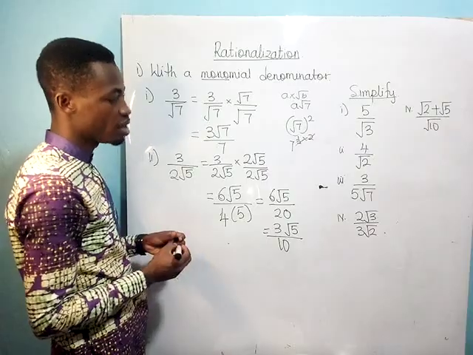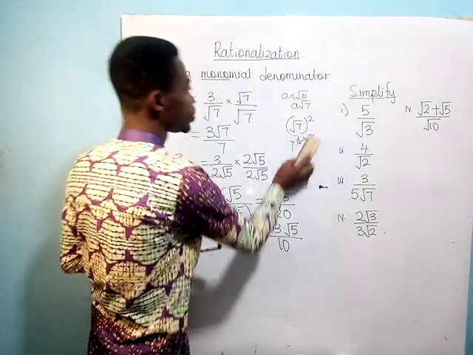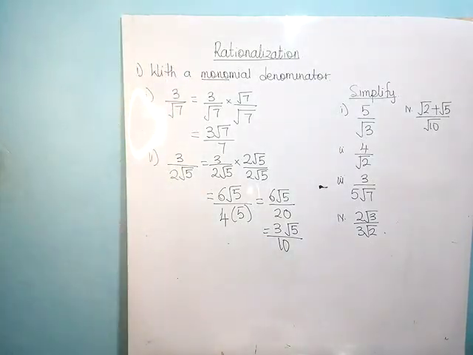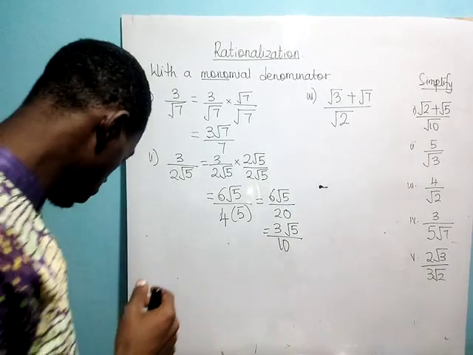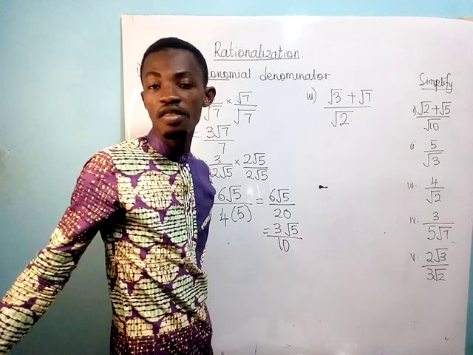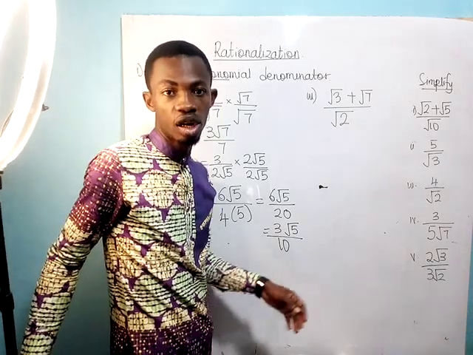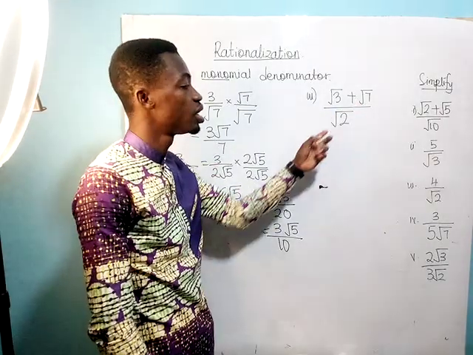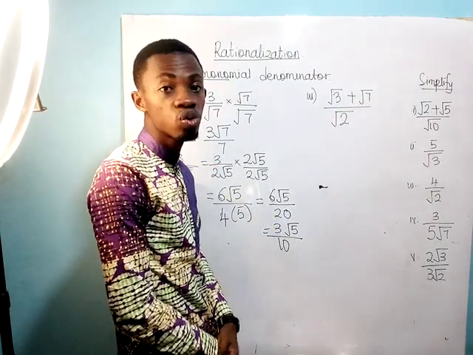Let's take another question. Okay, so we have our third question on the board, where we have square root of 3 plus square root of 7 all over square root of 2.